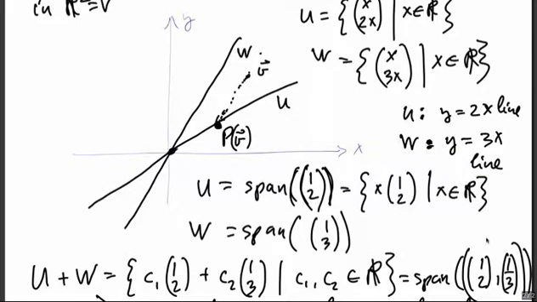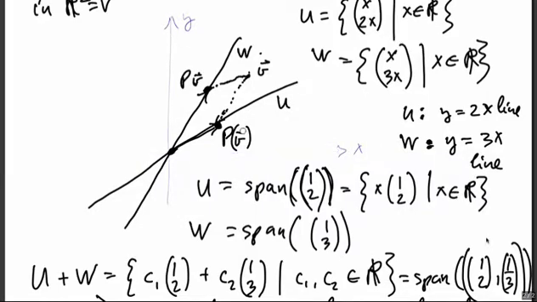So this vector from 0 to this point is PV, and then we can similarly project V onto W parallel to U, and then we get another vector.